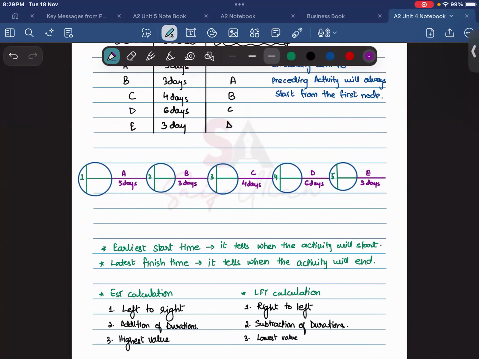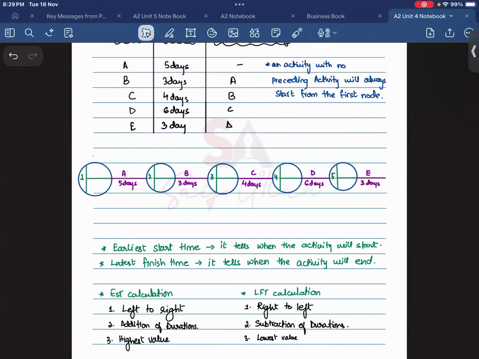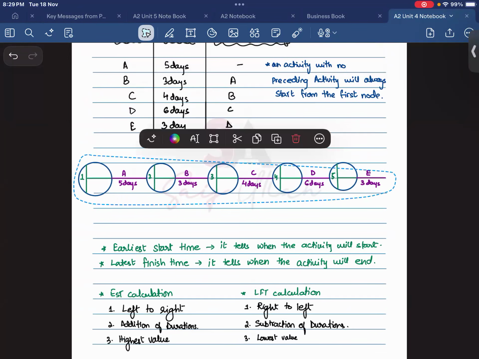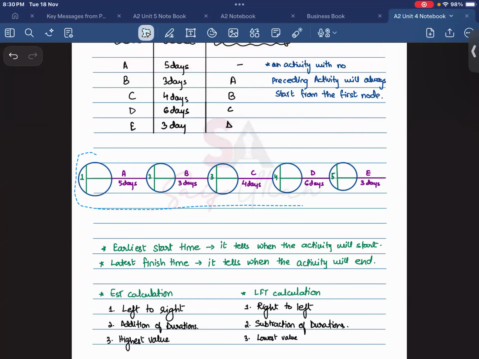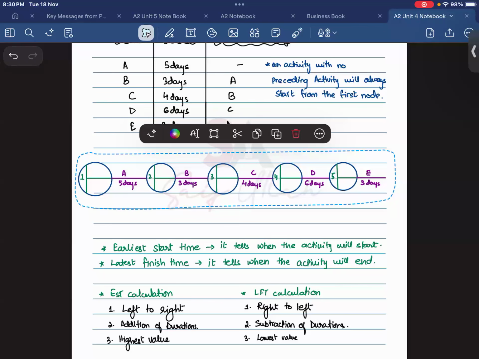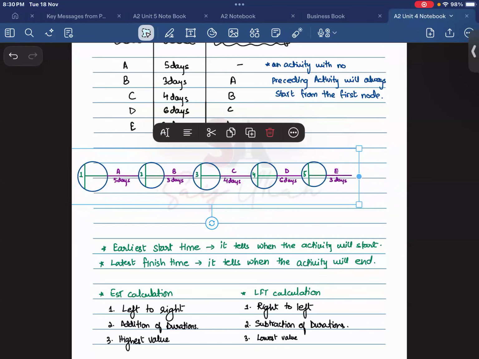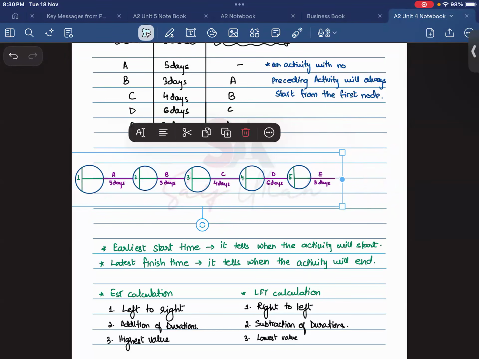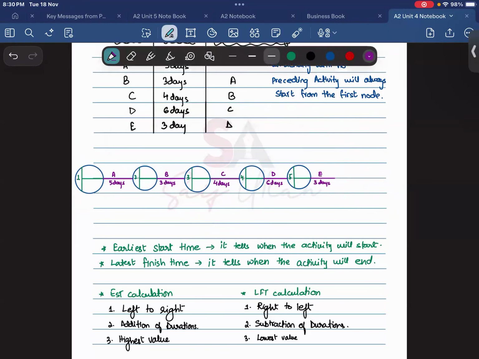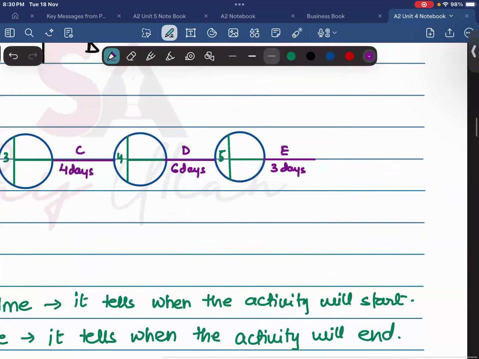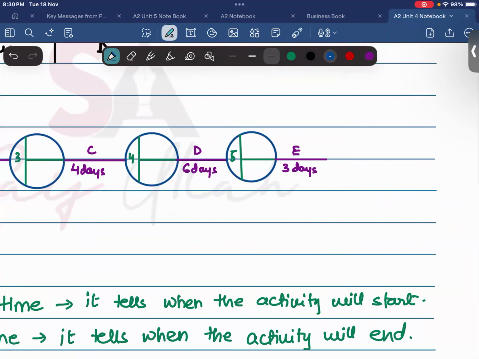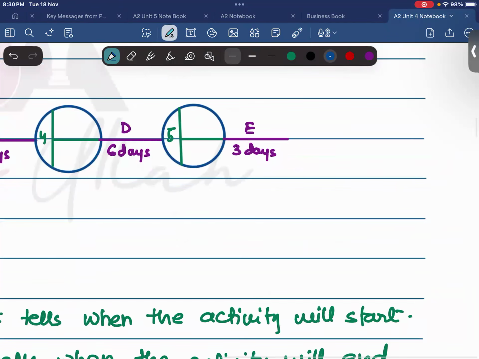Now, after activity E, there are no other activities. So activity E is considered to be the final activity, the last activity of this project. And after this, there will be no other activity. So now, when there will be no other activity after E, we have to end activity E as well, because it is the final activity and it will end the project.